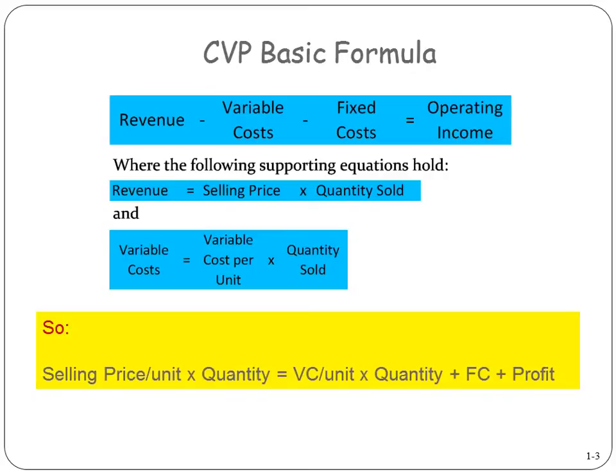And then with just a little bit of reorganization, your selling price per unit times the quantity sold, your revenues, are equal to your variable cost per unit times the quantities sold or produced, plus your total fixed costs, plus your profit.